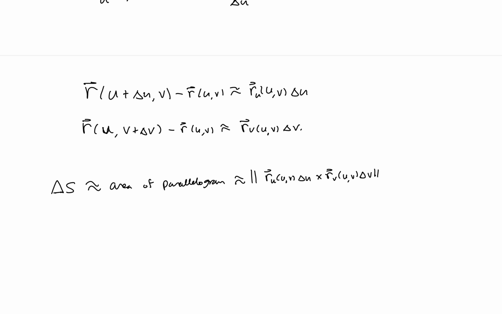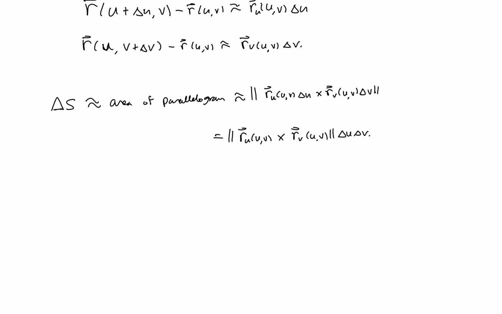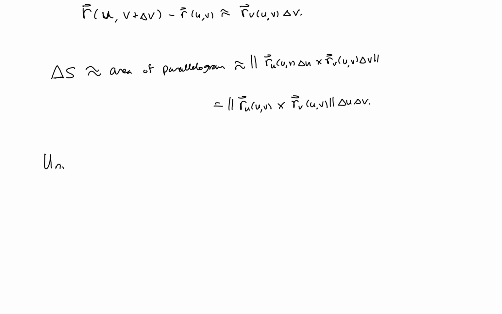And we can factor that delta u and delta v out, and so this is the magnitude of r sub u of u v cross r sub v of u v, times delta u delta v. So that gives us our little slice of area there. So that will replace our delta S in our approximation. So the next thing we need is our unit normal.